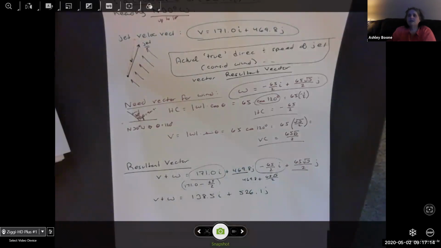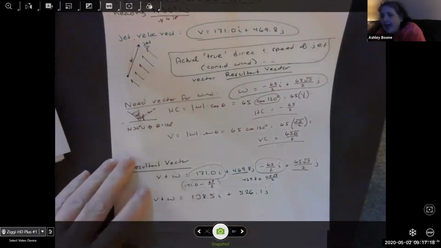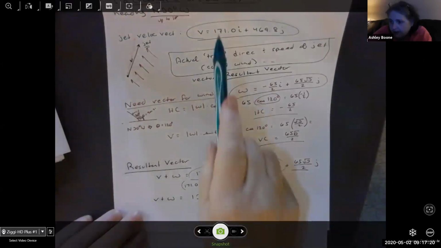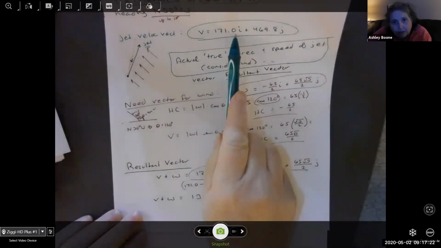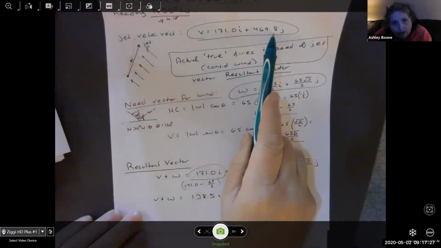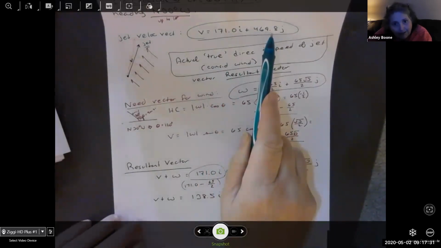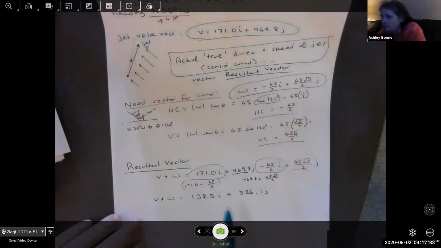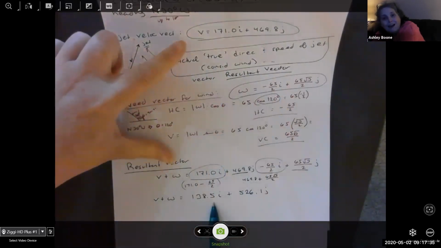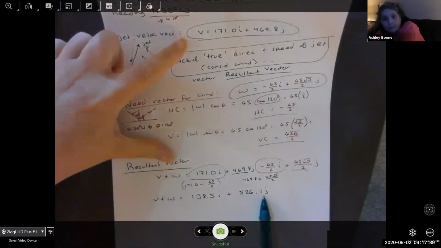The jet on its own fuel, the jet without any wind at all, in an hour can go 171 miles east, positive, so east, and 469.8 miles north. But when the wind came in, now the jet is actually only going 138.5 miles east, but it's going 526.1 miles north. It's going further north, but not as far east.